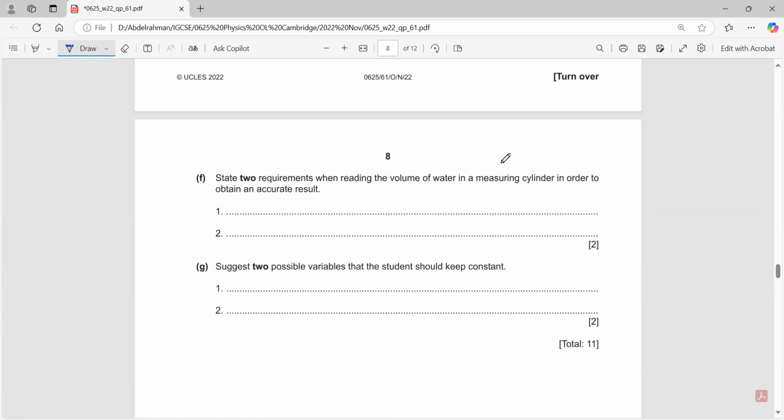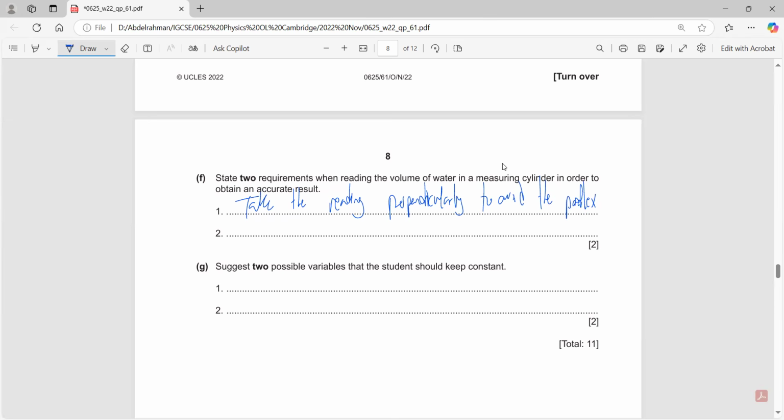State two requirements when reading the volume of water in a measuring cylinder in order to obtain an accurate result. Two very important precautions while dealing with any measuring cylinder. First of all, you need to take the reading perpendicularly, to avoid the parallax error.